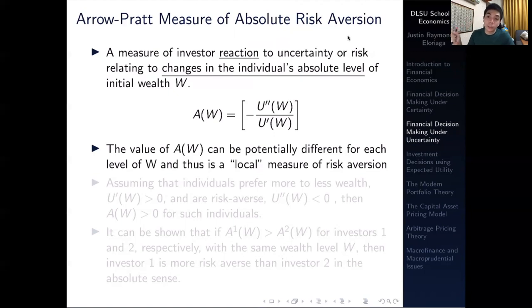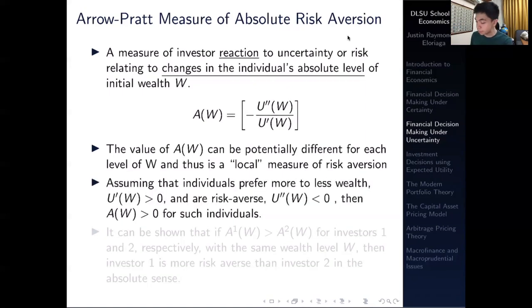You can use the Arrow-Pratt absolute risk aversion measure really well if the two investors have the same level of wealth. But if they don't have the same level of wealth, then potentially you could see some bias in the estimation that could lead you astray. So there are things that you need to control for.